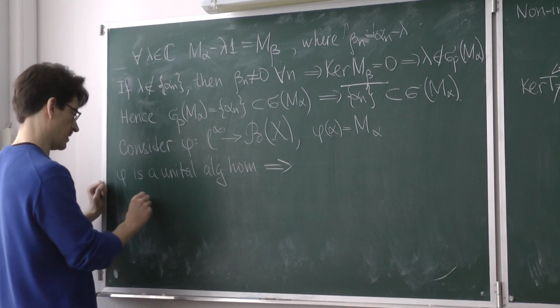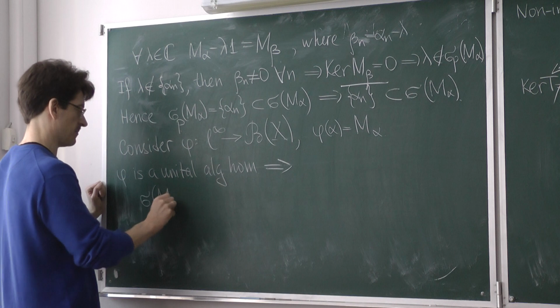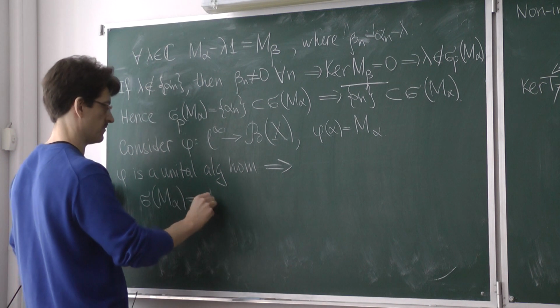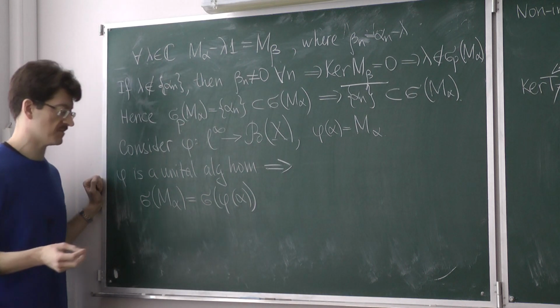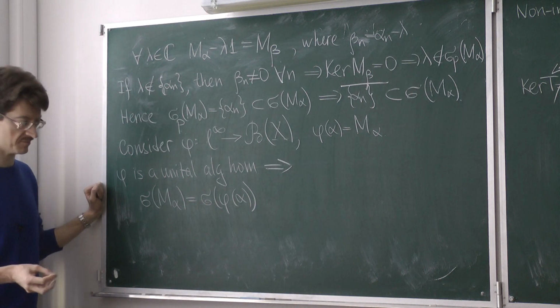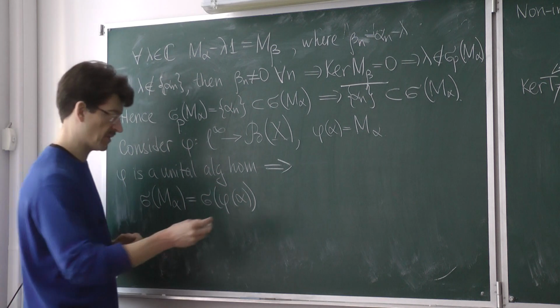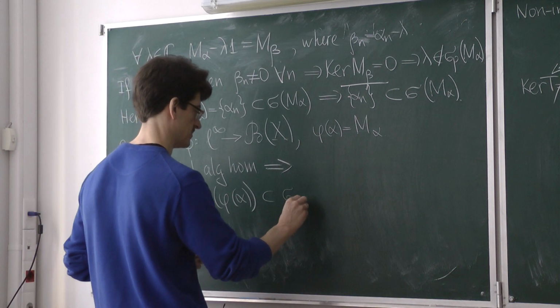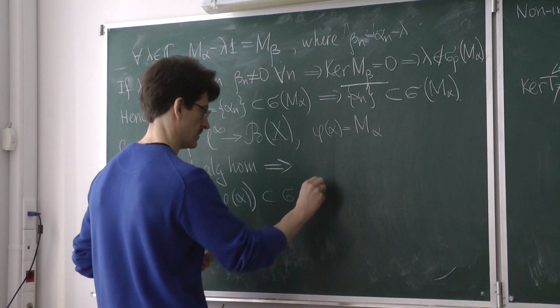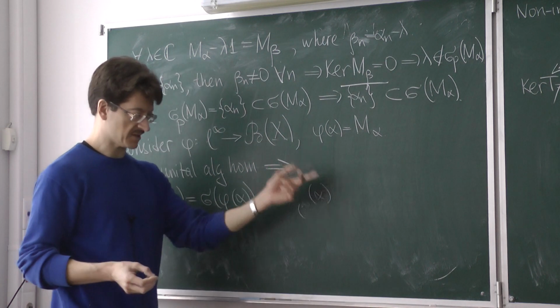So what can we say now about the spectrum of M alpha? This is the spectrum of phi of alpha. But we know that a unital algebra homomorphism doesn't increase the spectrum, so this is always contained in the spectrum of alpha. This is a very simple algebraic property of the spectrum. But what is this?